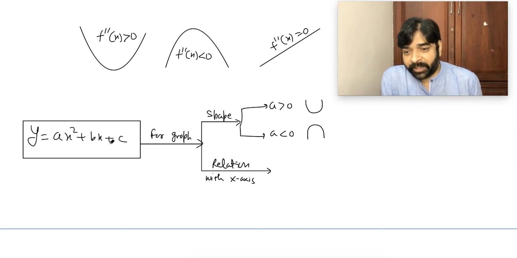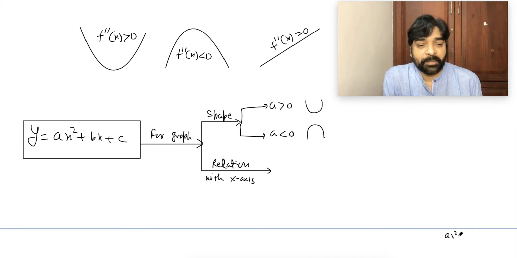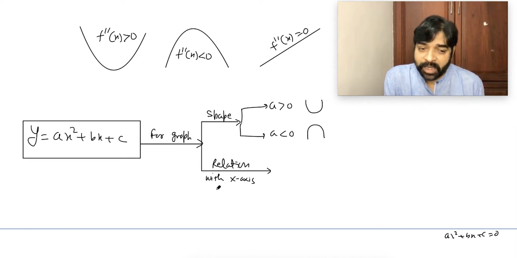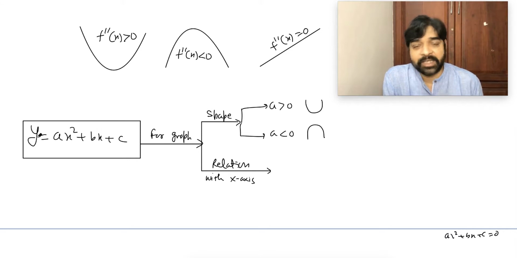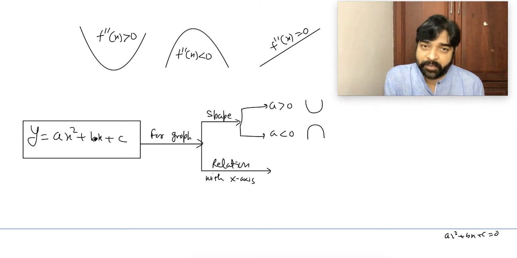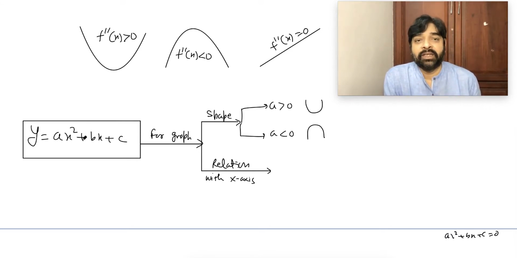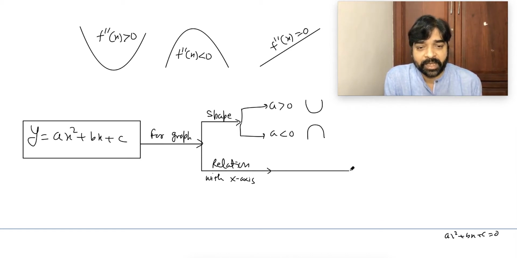If I take one quadratic equation ax square plus bx plus c equal to 0, relation with the x-axis means where y is 0. On the x-axis y is 0. So where y is 0, this becomes a quadratic equation. The discriminant of this quadratic equation will decide what the relation with the x-axis actually is. Think carefully.